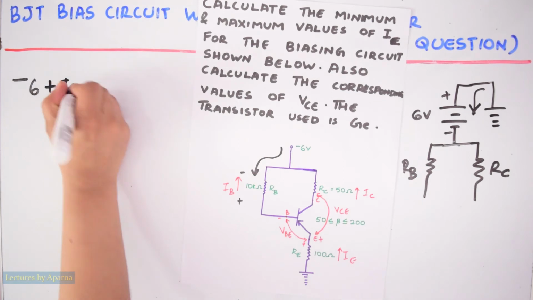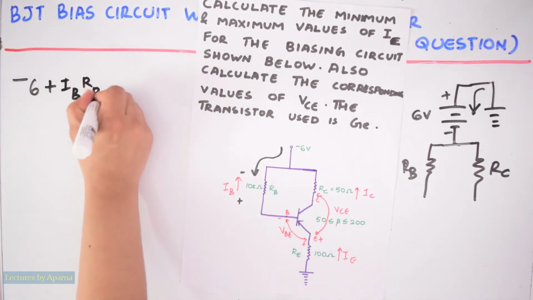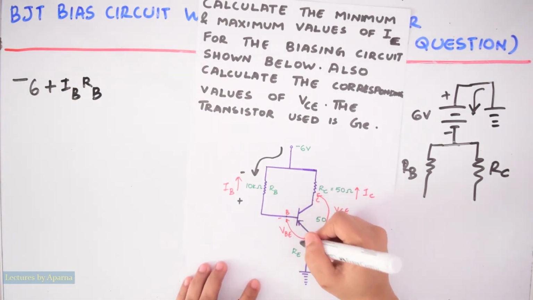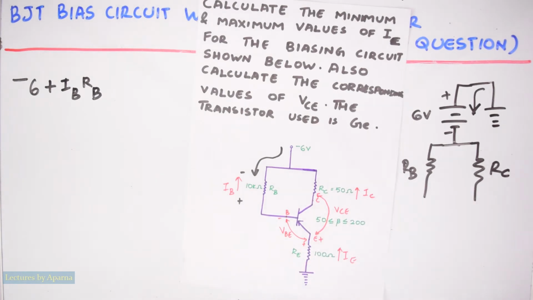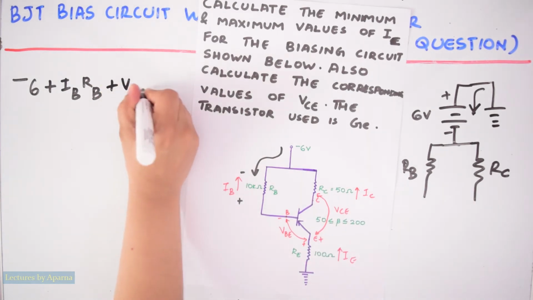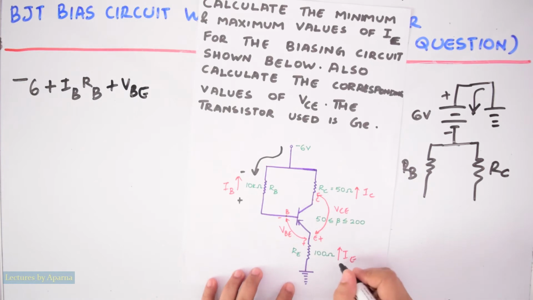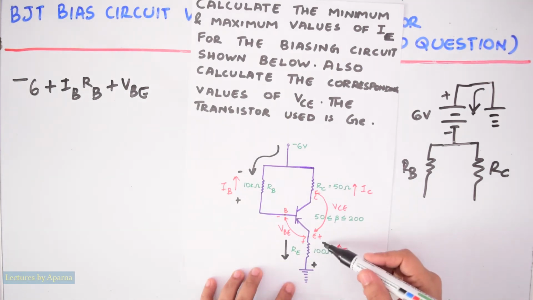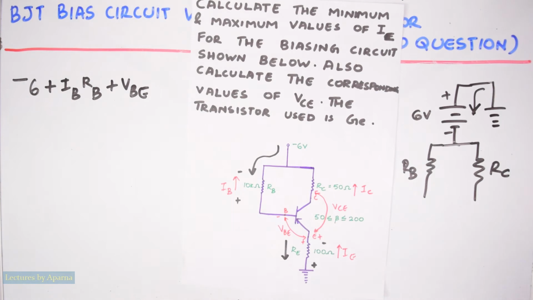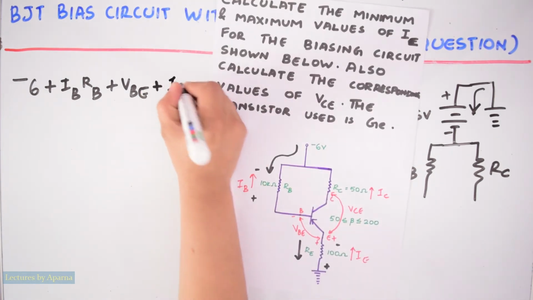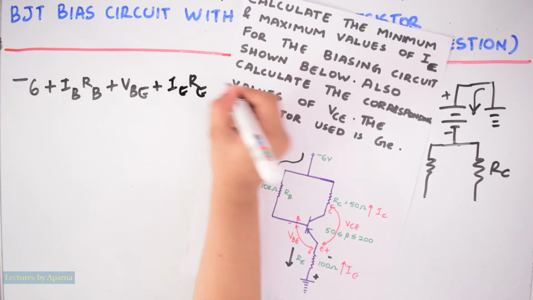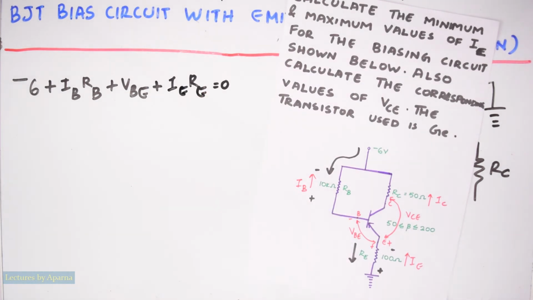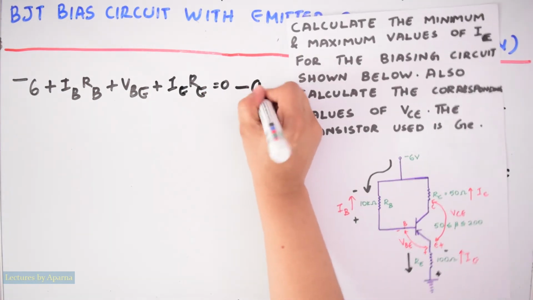So we write plus IB RB. And when we reach here again, it is an increase in potential. So we write plus VB. Again here, current is flowing from a higher potential to lower potential. So when we go in this direction, it is an increase in potential. We are going from minus to plus. So we write plus IERE equal to 0. Let this be equation 1.